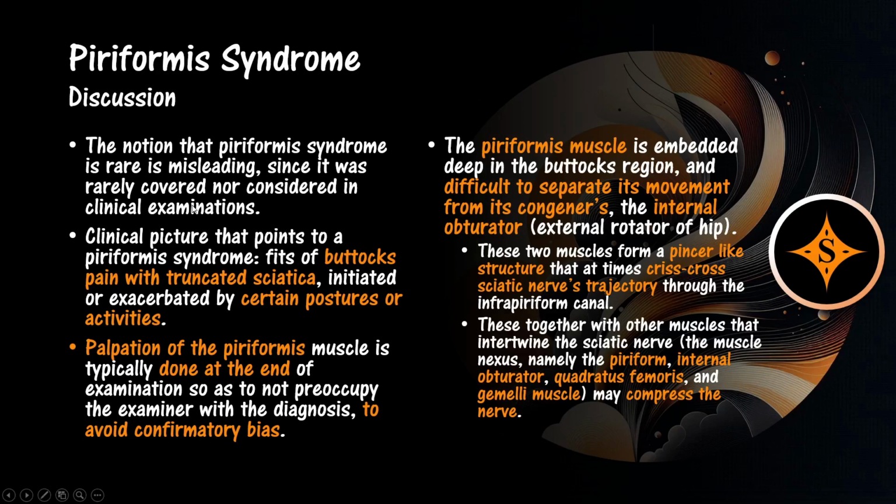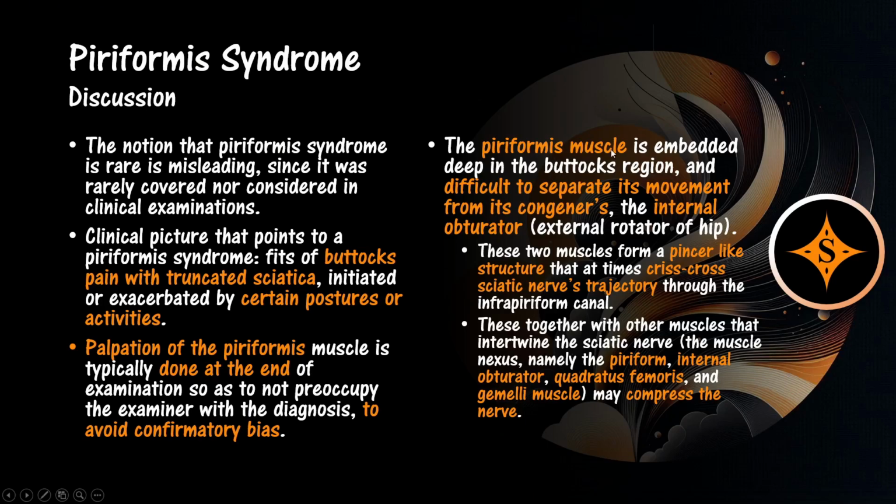And the clinical picture that strongly points to the presence of a Piriformis syndrome is the buttocks pain and the truncated sciatica, that is sciatic pain with patchy distribution that is exacerbated by certain positions or activities. Palpation of the piriformis muscle, you can do that, but it's usually performed at the end to avoid confirmation bias, as we have mentioned earlier.